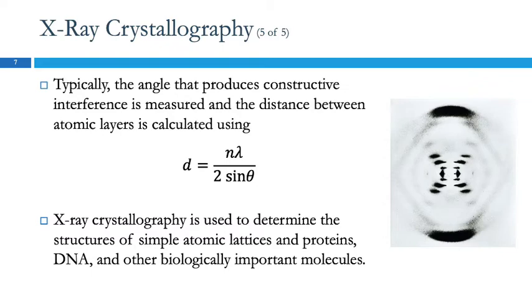X-ray crystallography was instrumental in determining the double helix structure of DNA. So that was a pretty big deal. It can also be used to look at proteins and enzymes and other biologically important molecules, in addition to just regular ionic compounds.